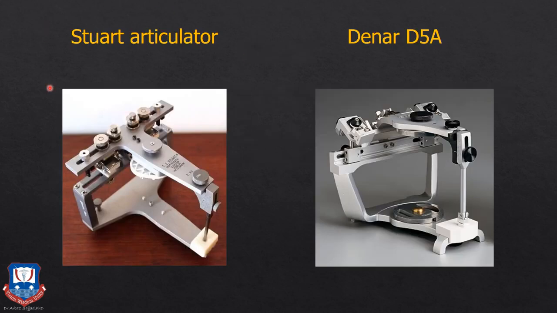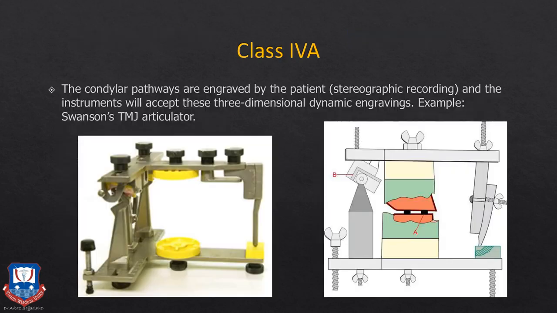Some examples of these articulators are the Stuart articulator and the Denar D5A. These are articulators that accept a facebow transfer. They are capable of accepting the dynamic records, and the intercondylar distance is also adjustable in these articulators. Next, coming to class 4A, that is the first category.